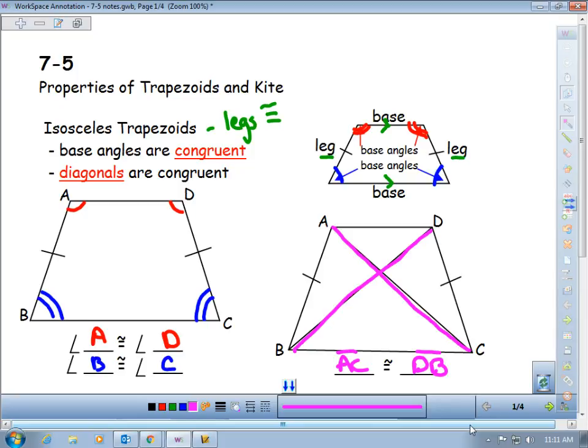So all those properties that we've really been hitting pretty hard for the last week, you know, diagonals bisect each other, the opposite sides are congruent, the opposite sides parallel, the opposite angles congruent, that doesn't apply to these. These are not parallelograms. This is a different family of quadrilaterals.